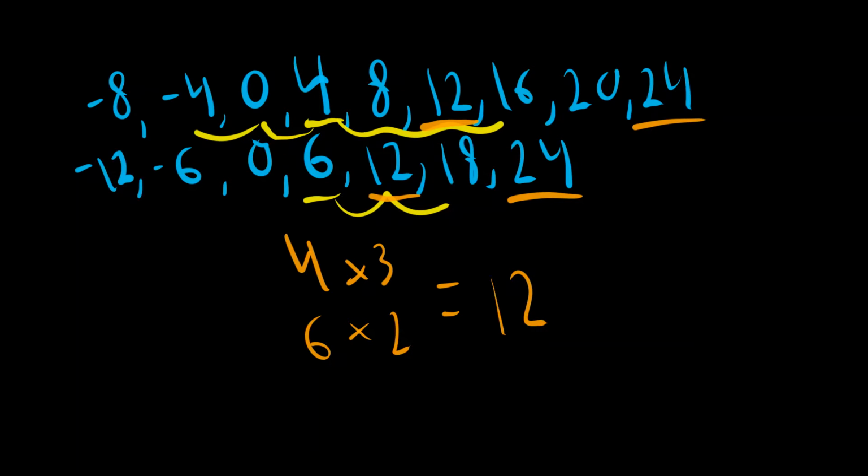But how do we find the least common multiple of 4 and 6 without drawing our long tables of the multiples of 4 and 6? Well, to do that, we have to compare the factors of 4 and 6.